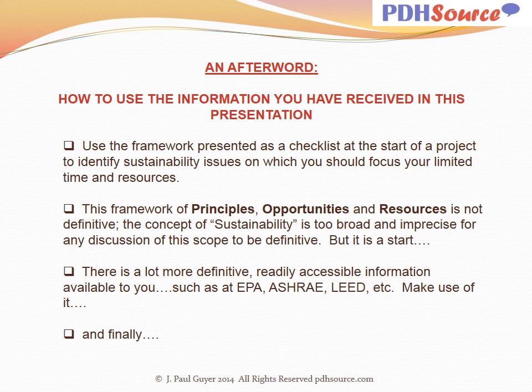Leave them on the list, cross off the other ones that just plain aren't going to exist on your project, and then focus your time and energy and budget on those opportunities that may in fact exist on your project.